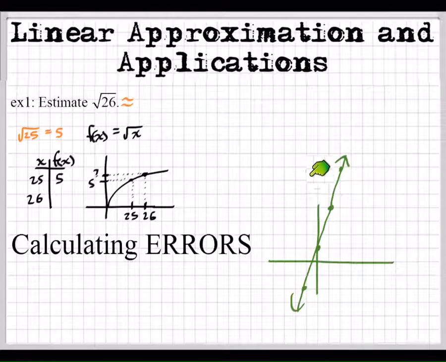Okay, here's another function. This is a linear function. Now, if I took the derivative of this linear function, do you know what I would get? It's a line, so that means the rate of change is constant. Which means that every single point on this line has the same rate of change.